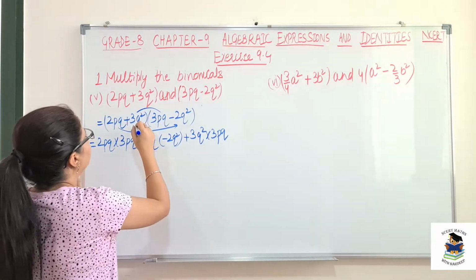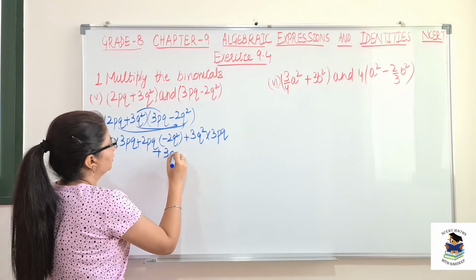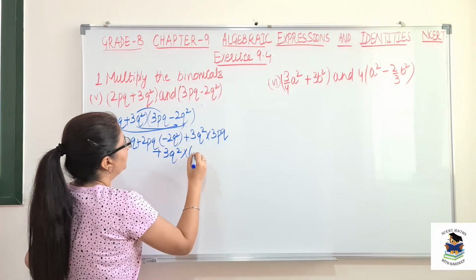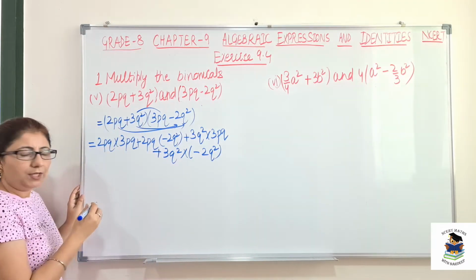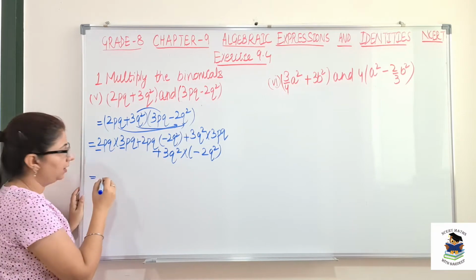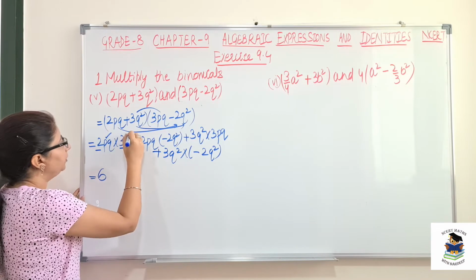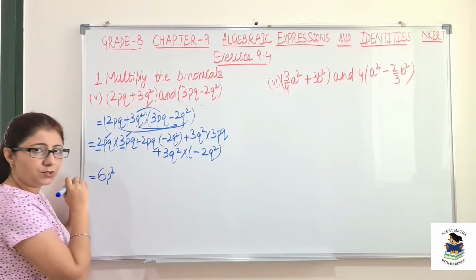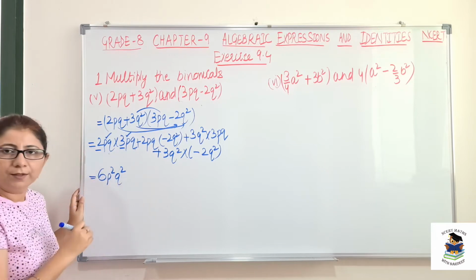Okay, now again this 3q square with minus 2q square. Okay, so now solve it. 2 into 3, numbers separately, that is 6. P into p as p square, q into q, q square.